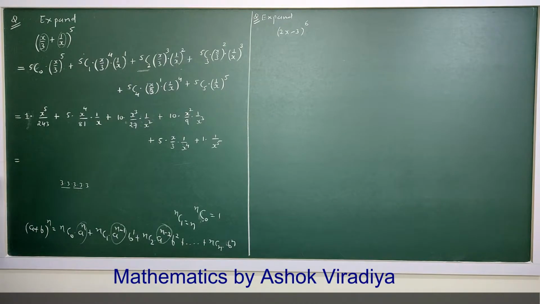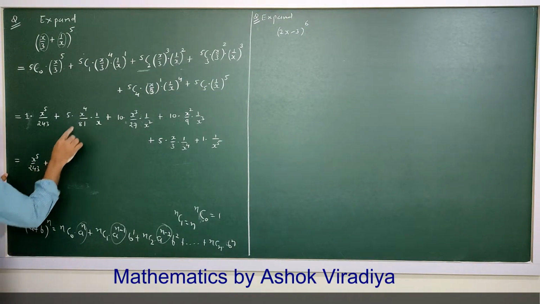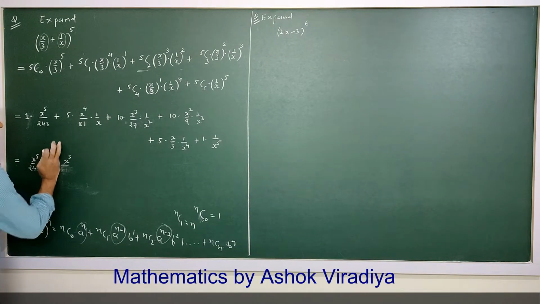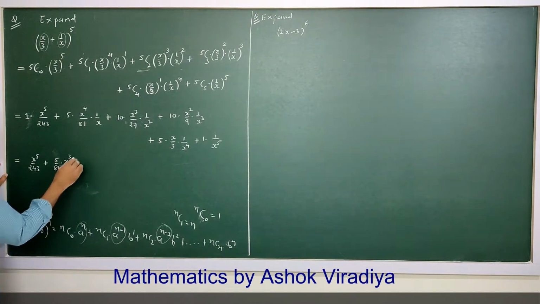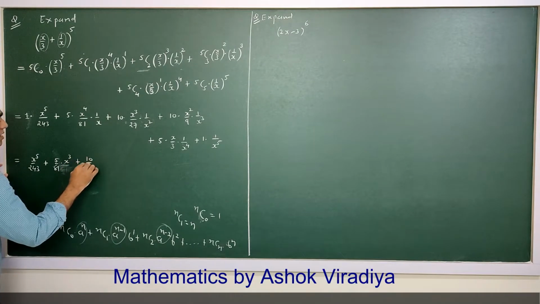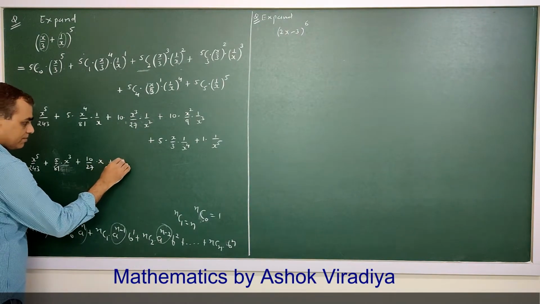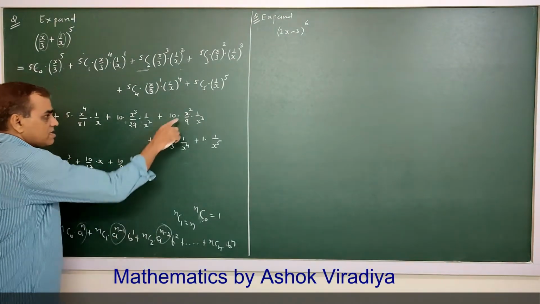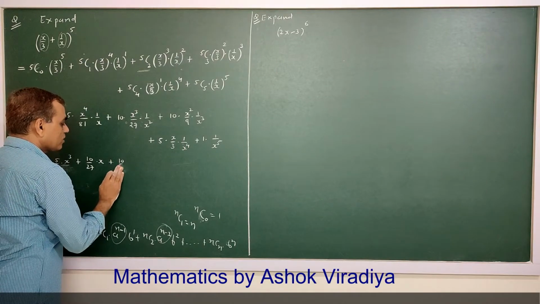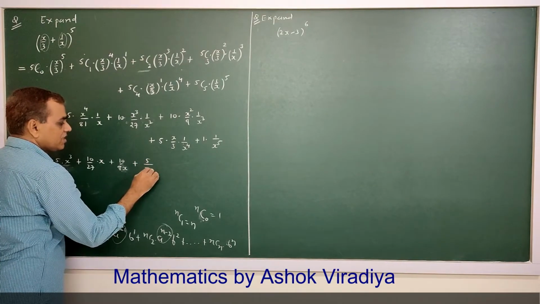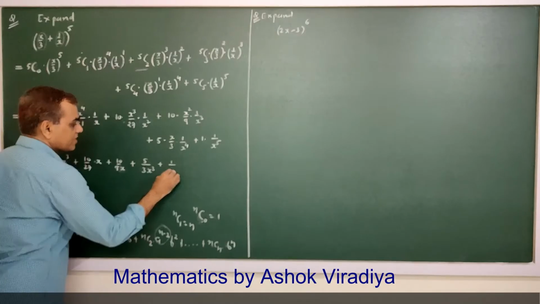So it is equal to x raised to 5 upon 243 plus 5 into x raised to 4 upon x is x cube upon 81, so it is 5 by 81 x cube, plus 10 by 27 into x cube by x square is x, plus 10 by 9 x square upon x cube is 1 upon x, so 9x, plus 5 by 3 x cube, plus 1 upon x raised to 5.